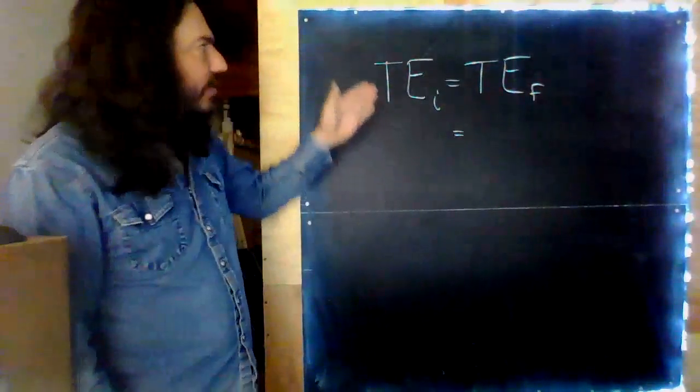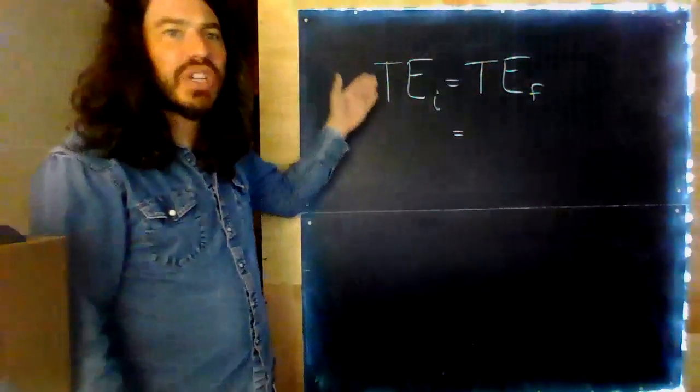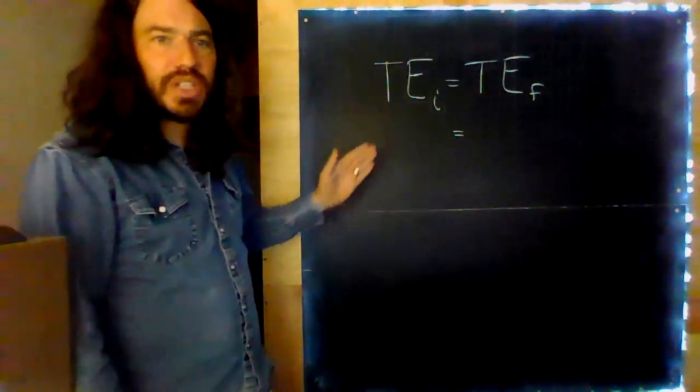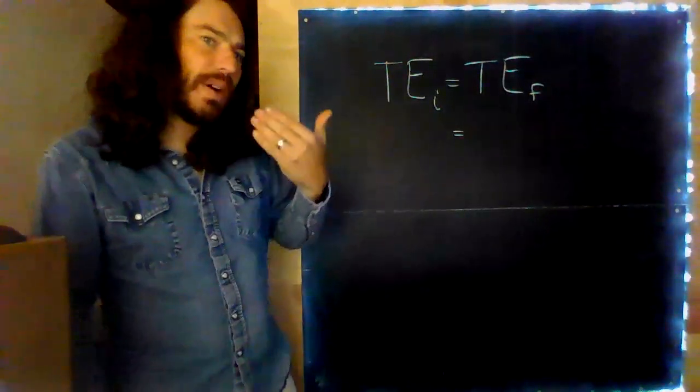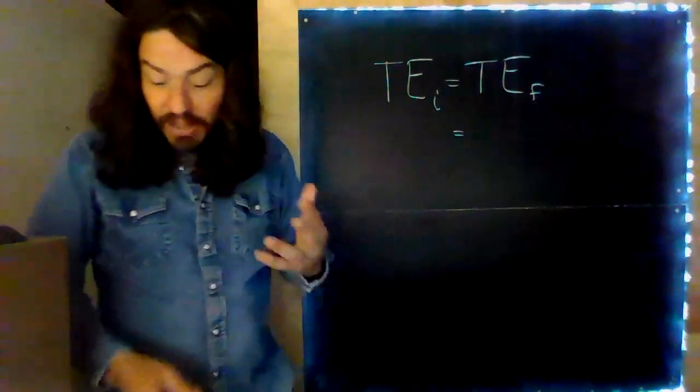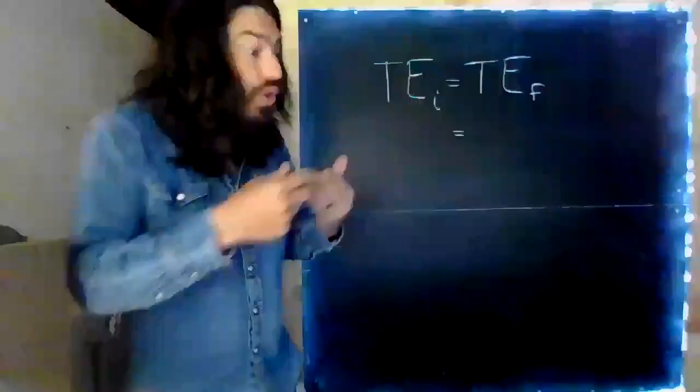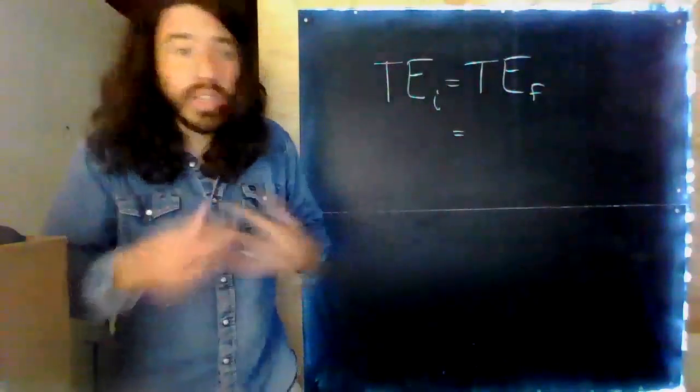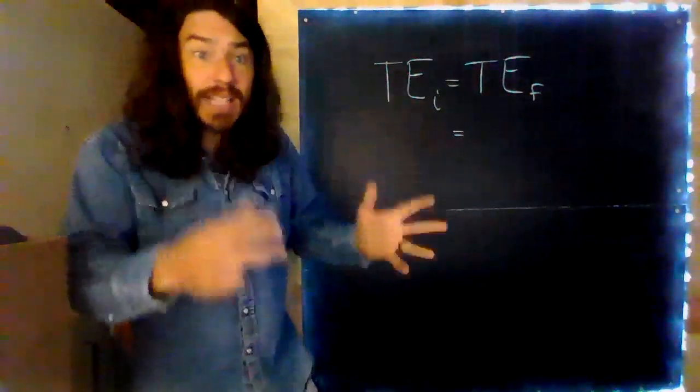Recall that last semester we talked about all different kinds of energy, right? We can have kinetic energy, gravitational potential energy, spring potential energy. Heck, we even started talking about thermal energy. So we could have heat, we can have chemical energy. A battery actually stores chemical energy. Nuclear energy gets released in a nuclear reaction. All kinds of energy could go on either side here.